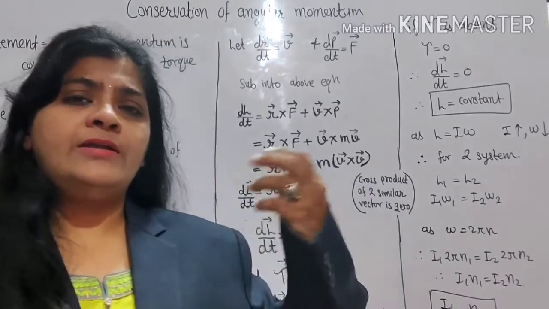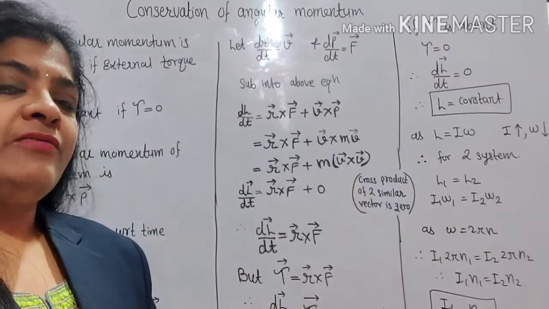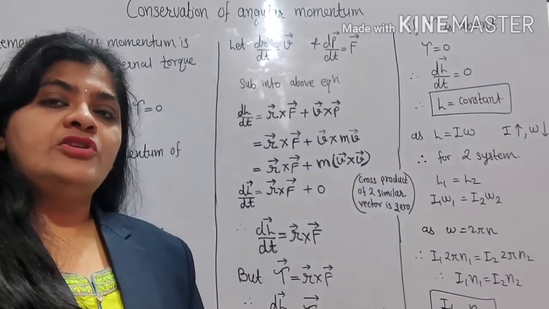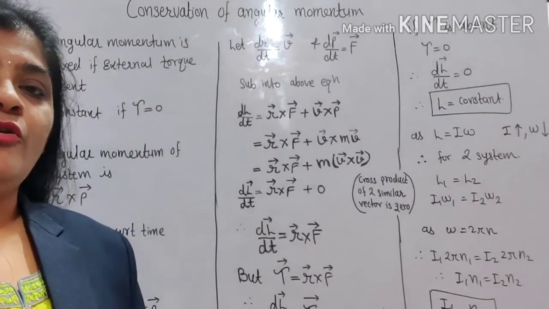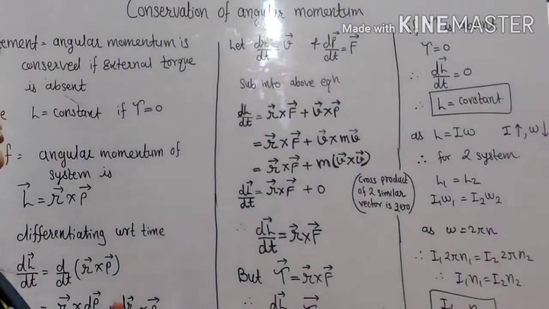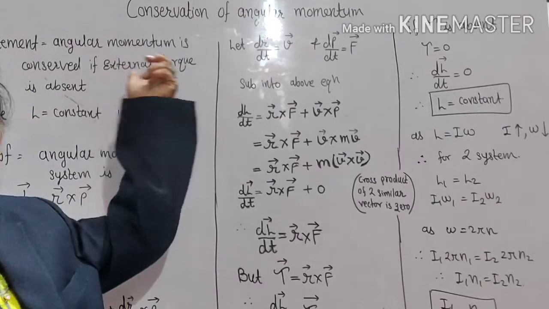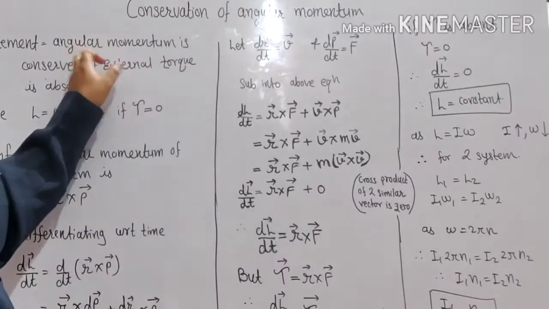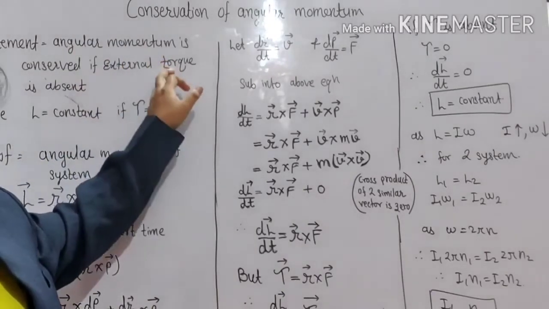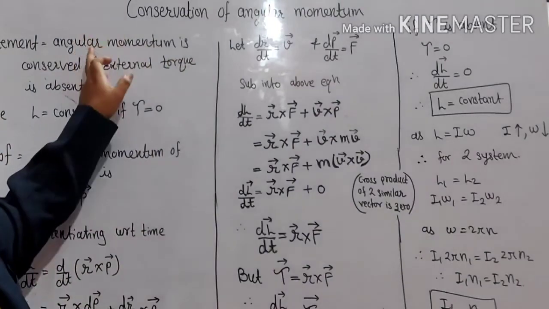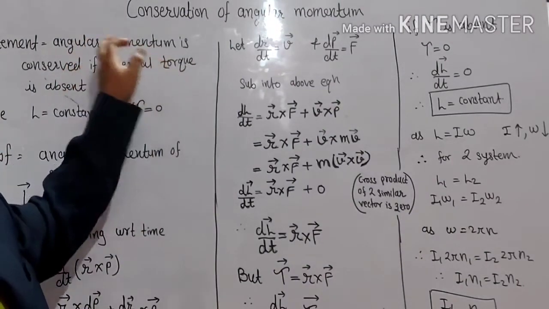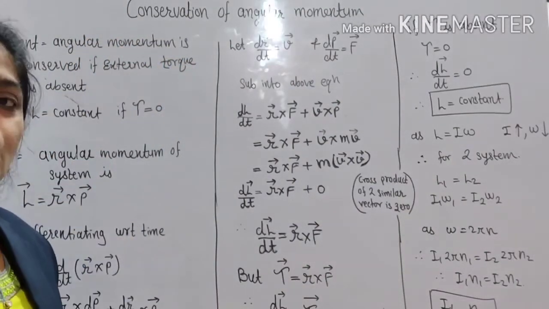The law of conservation of angular momentum is similar, but with changed words: instead of force, here rotational force, that is torque, is used, and instead of linear momentum, angular momentum is used.